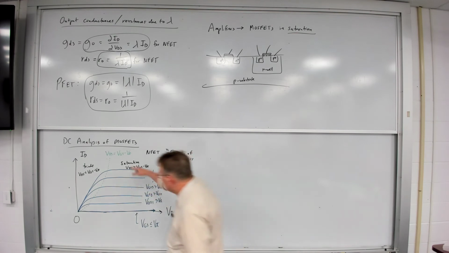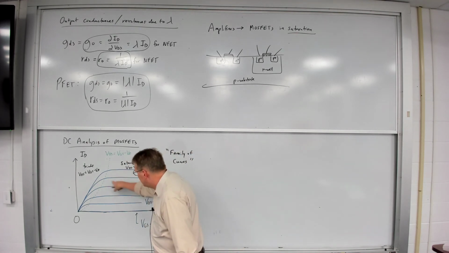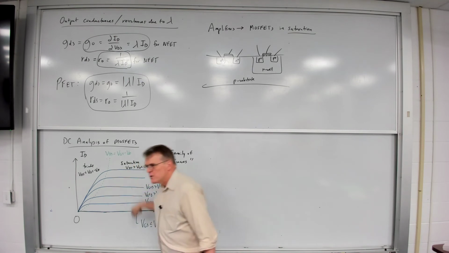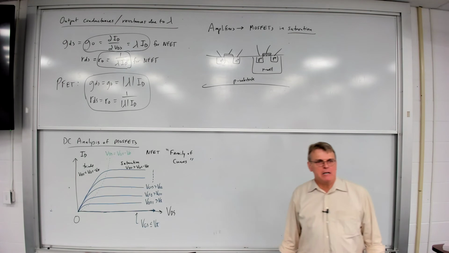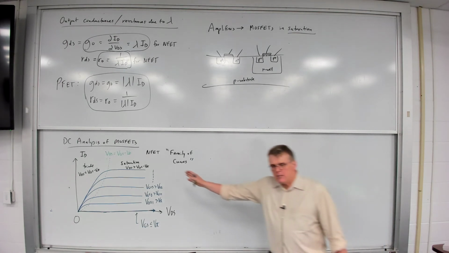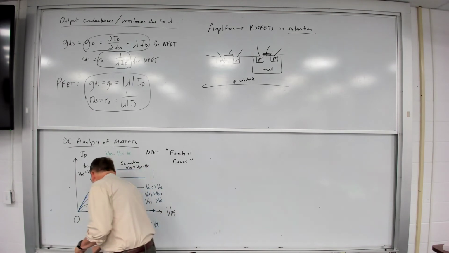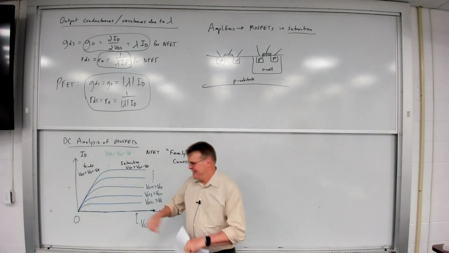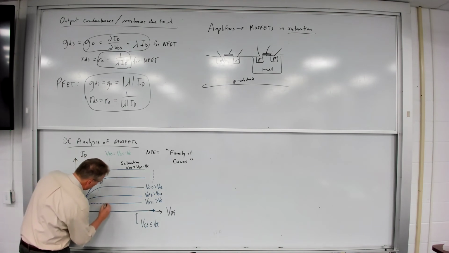So over here, we note that once we're in saturation, this drain current line remains flat even as we increase VDS. Except it isn't really flat. Channel length modulation. Really, the family of curves is going to look more like this.